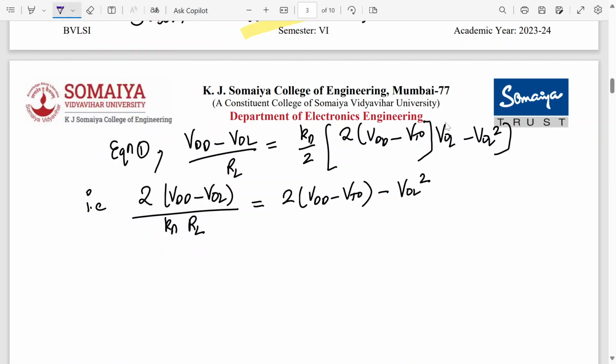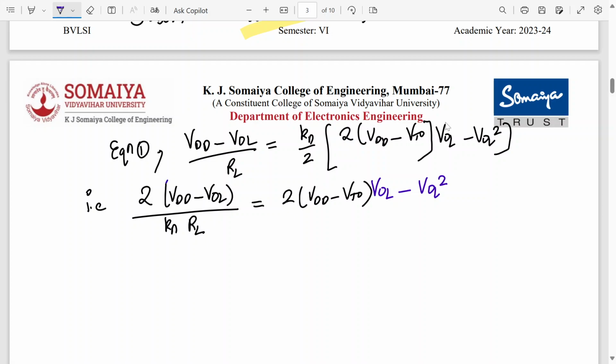Okay, the same thing we have written over here, that's it. Oh, there is one more term missing. What is missing over here? Can you tell me? VOL, minus VOL square. That is what was missing. So actually we could open the bracket and solve this further, but it's okay.